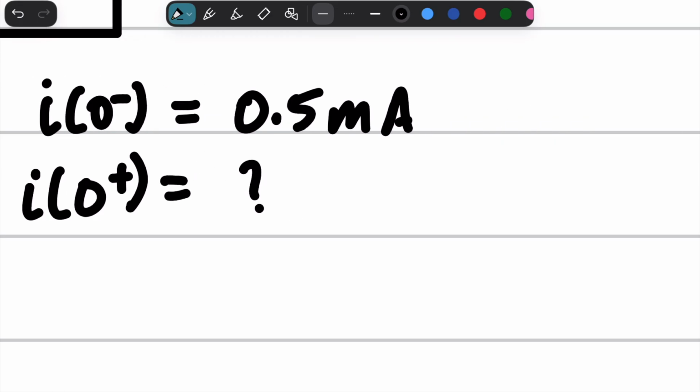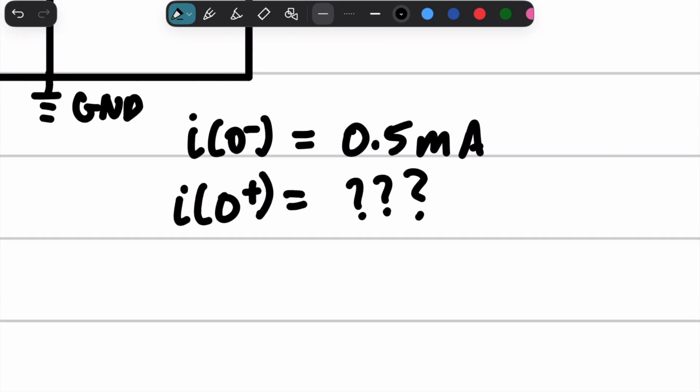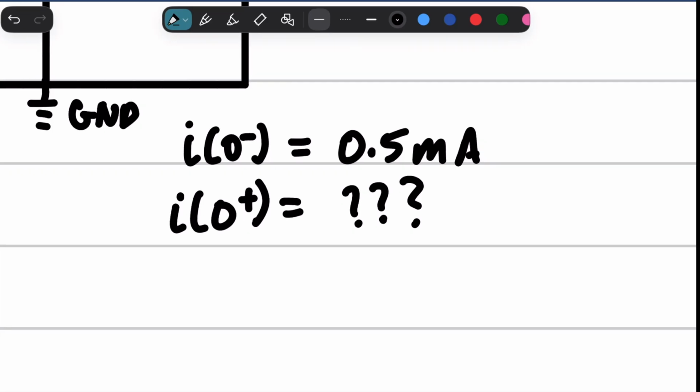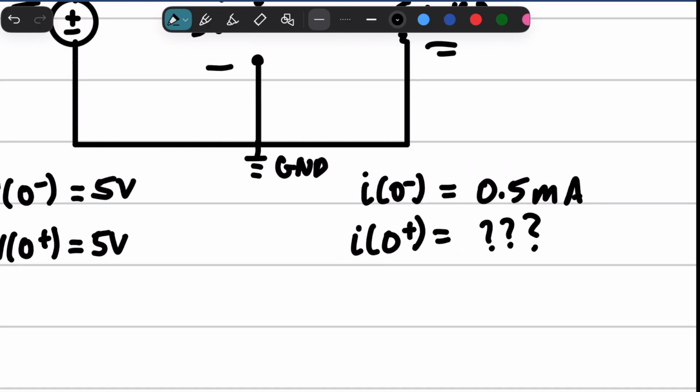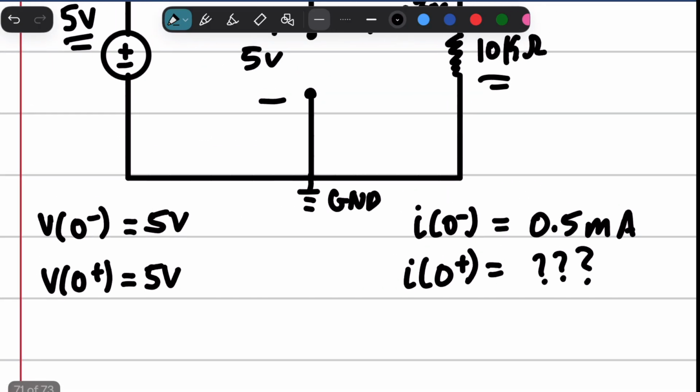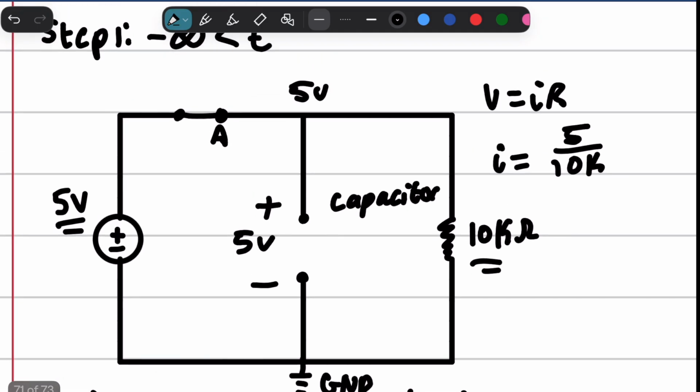No, we don't. There is no fact that says this current can jump instantaneously, and I'm sure there's some theoretical thing proving this, but for the sake of this video, we're not going to go in depth with that. Okay, so now we know everything that we need to know from the negative infinity portion.